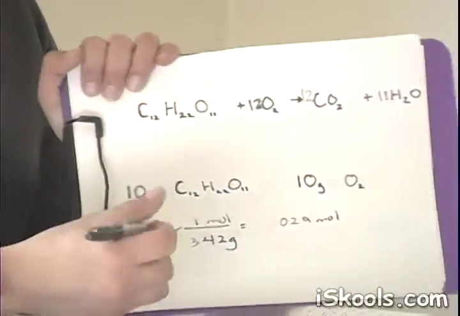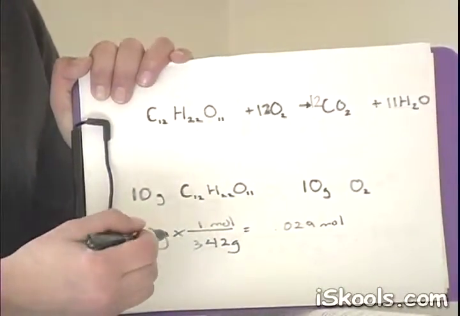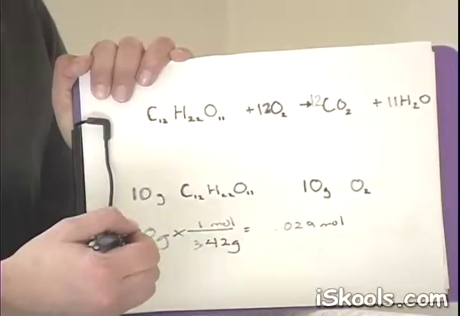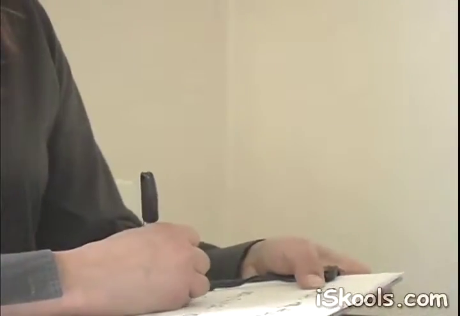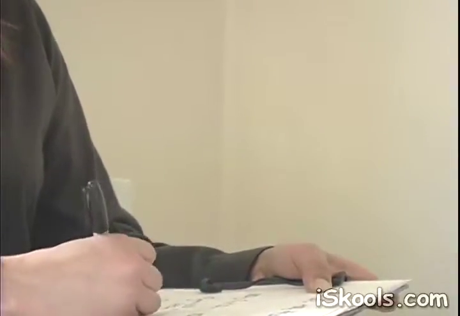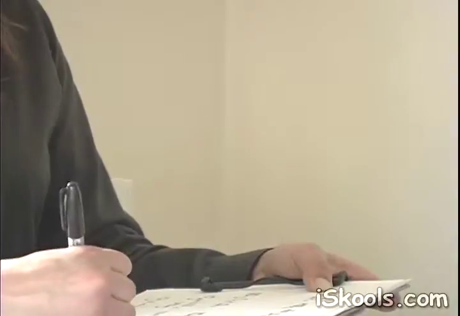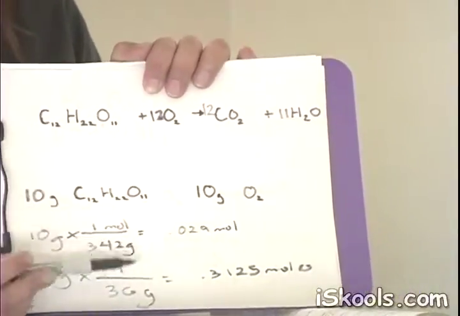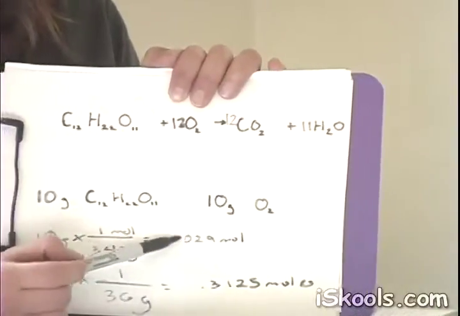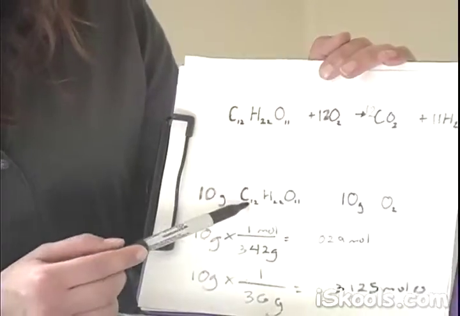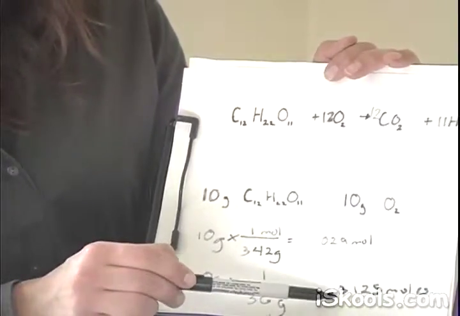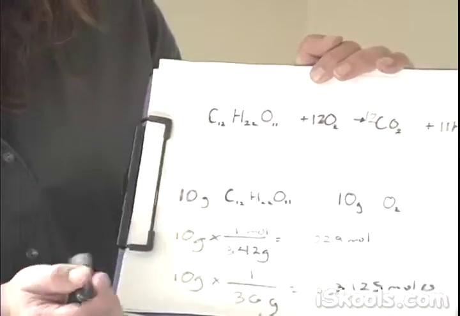Then I would want to do exactly the same thing for oxygen. If you do that, you'll actually get 0.3125 moles. You're taking 10 grams times 1 over 32 grams, and that's what gives you the 0.3125 moles. So we end up with these two different numbers. This would be the number of moles for the C12H22O11, and then this is the number of moles for the oxygen gas.